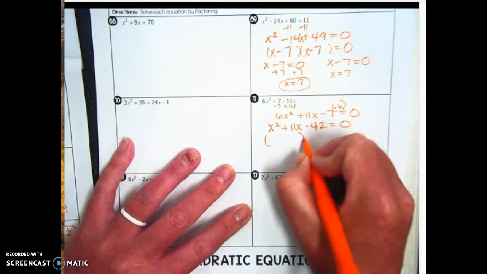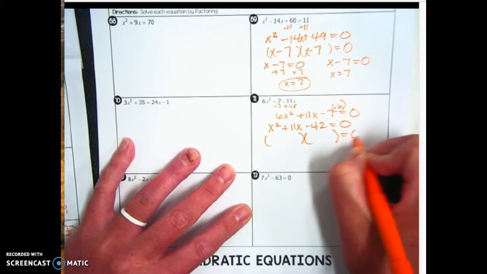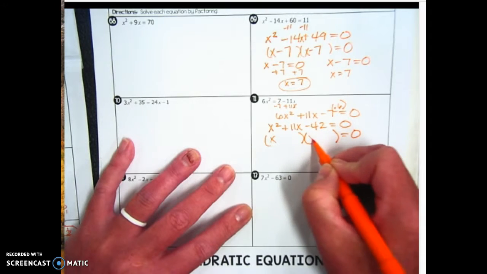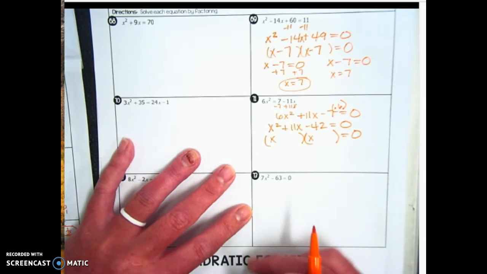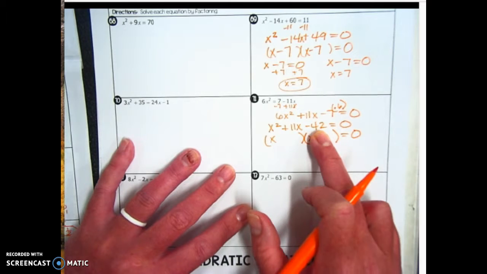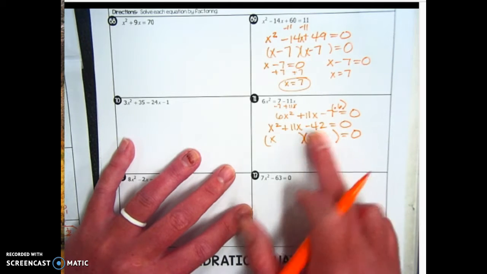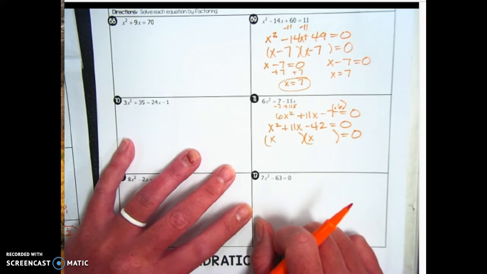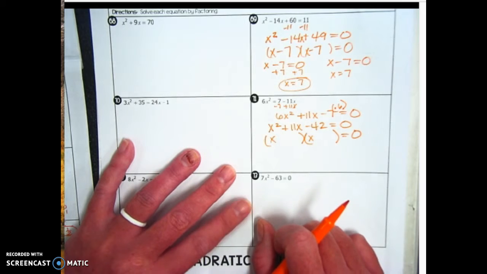So I'm going to write my binomial times my binomial. Got my parentheses. Square root of x squared is x and x. And then the hardest part is figuring out what multiplies to get negative 42, but adds or subtracts to get 11. Somebody needs a calculator.